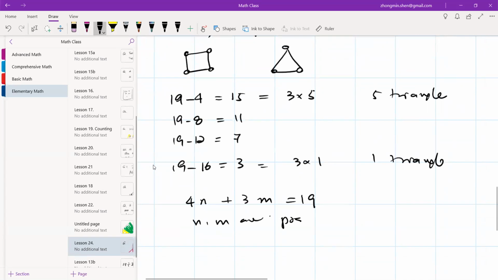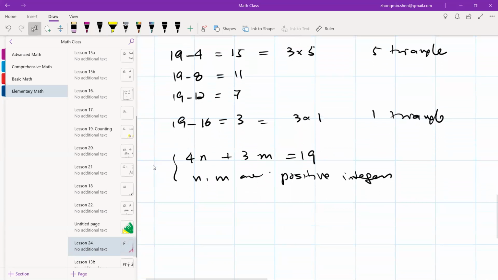And you're trying to solve this single equation, then you have many solutions in positive integers. But we don't need to set up like that. We just list all the cases and you figure out there are 2 solutions.